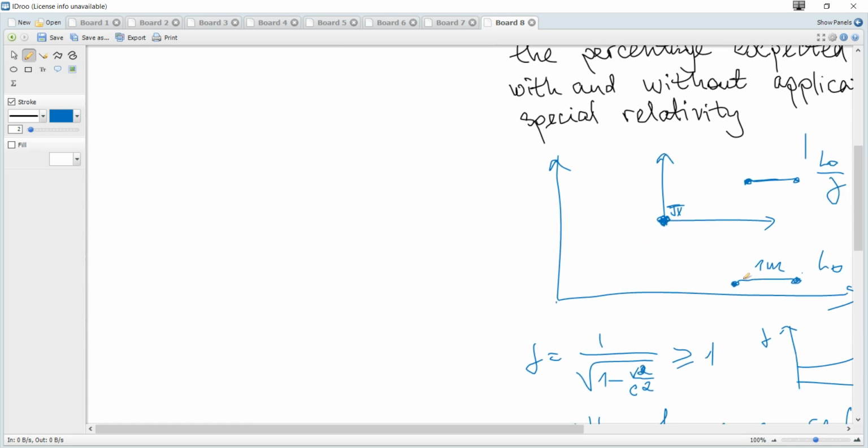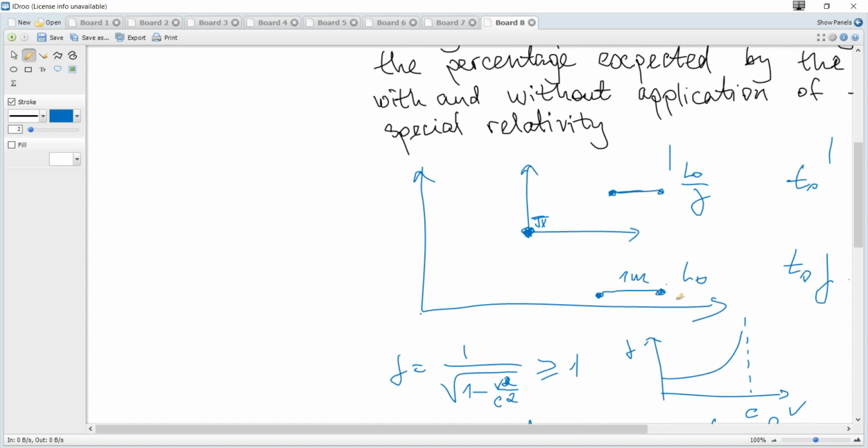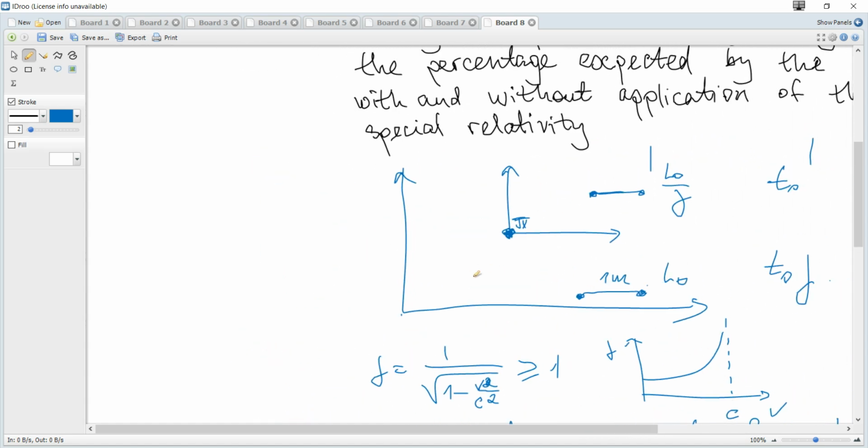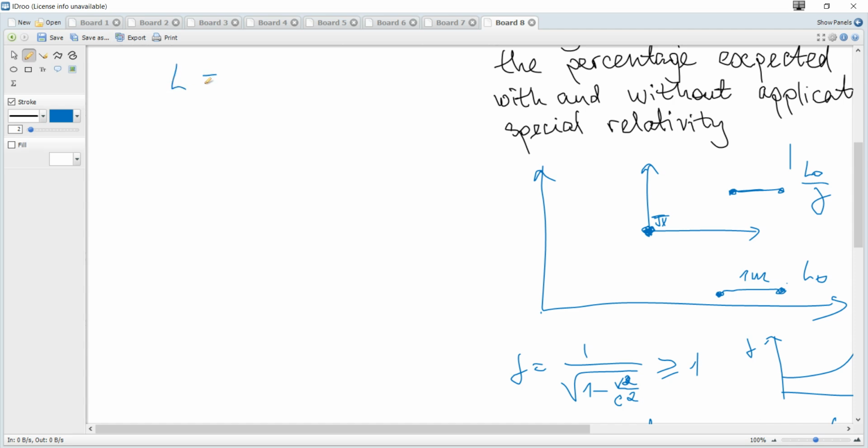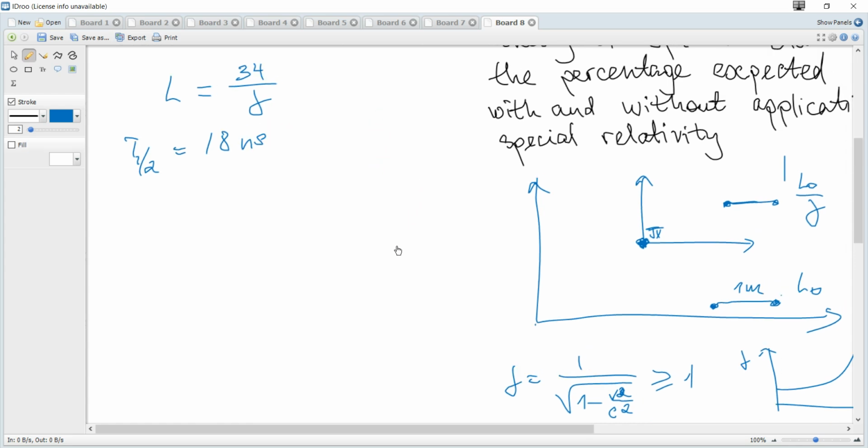In the moving reference frame, we will measure contracted length. The length will not be 34, but 34 divided by gamma. But the half-life will be 18 nanoseconds, because it is measured in the moving reference frame.